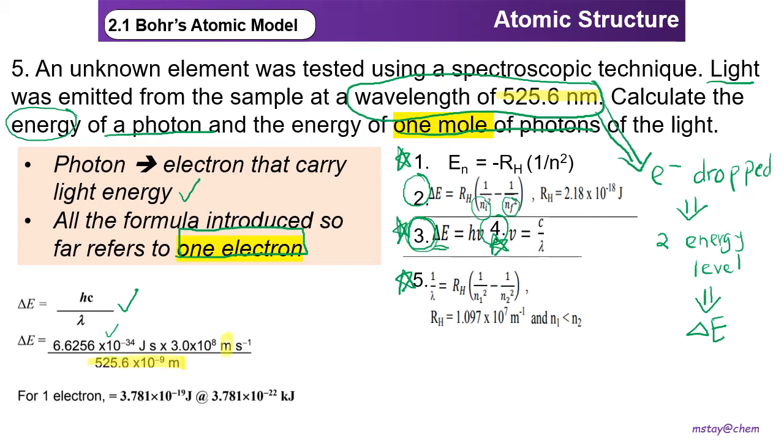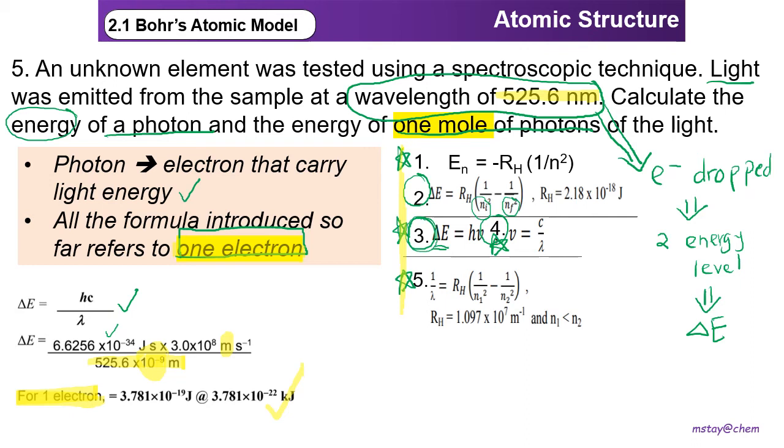Because the unit of the speed of light is in meter, I need to convert nanometer into meter. So press the calculator, we will get the final answer is 3.78 exponent negative 19 joule, or you can convert it to kilojoule. So again, all the formulas here are used to determine one electron only. Okay, so this is the energy released when there is one electron drop.